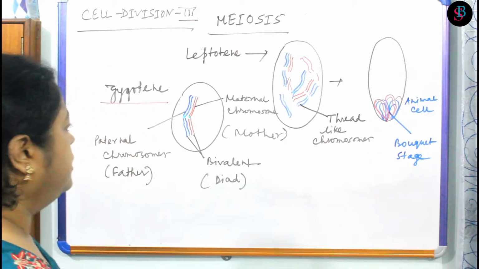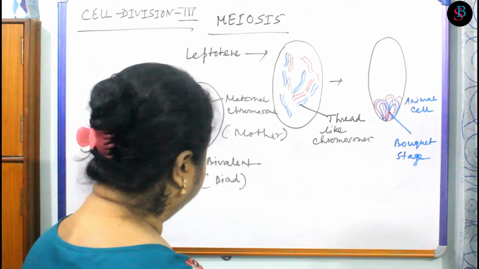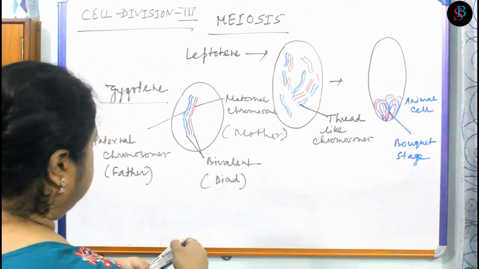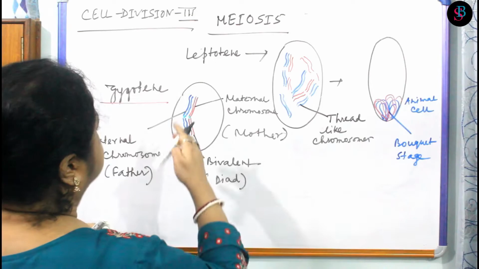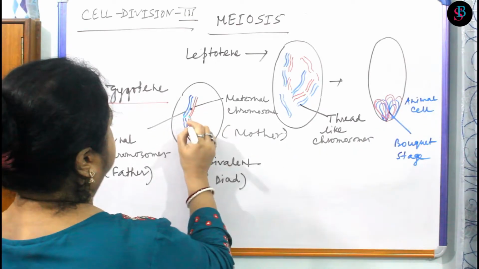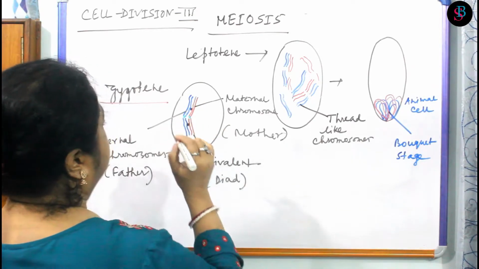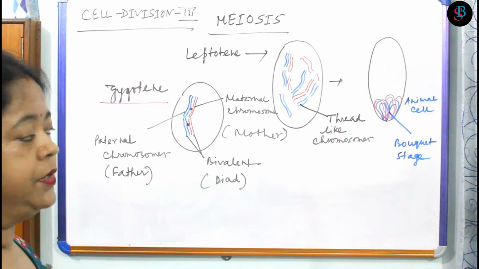Here one type of protein is developed inside the two cells near the centromere, and this is known as synaptonemal protein.